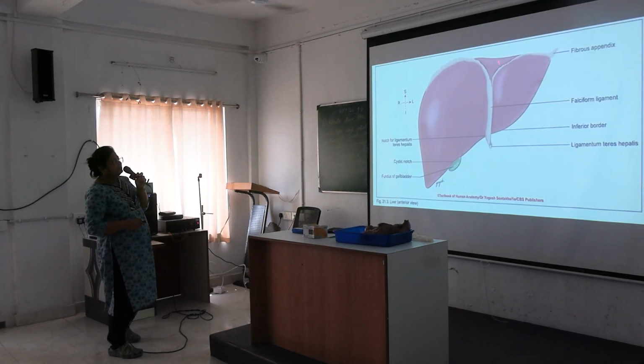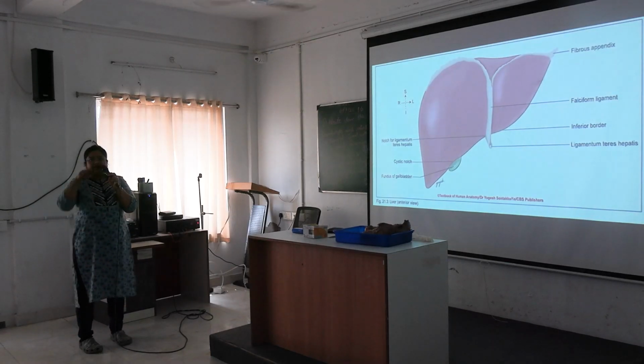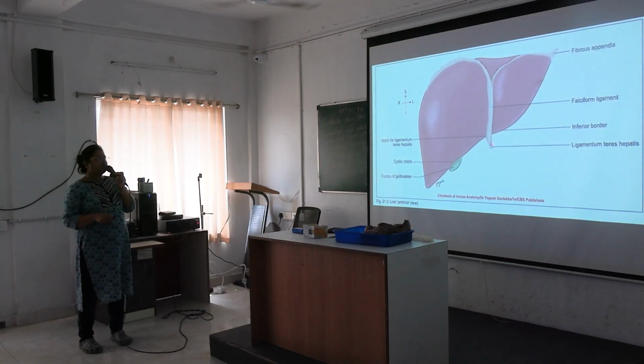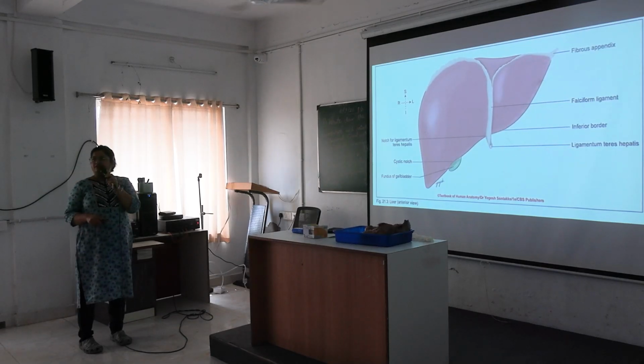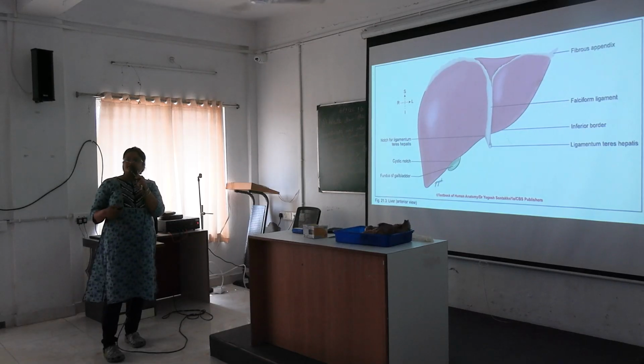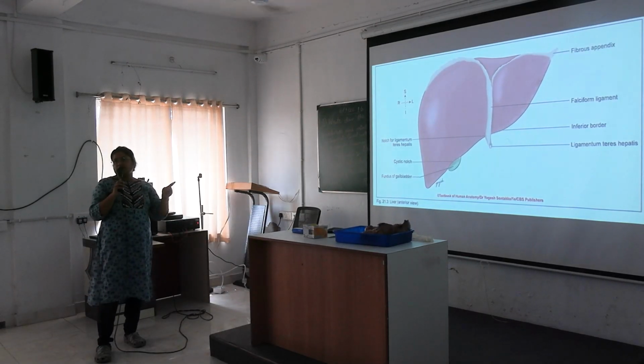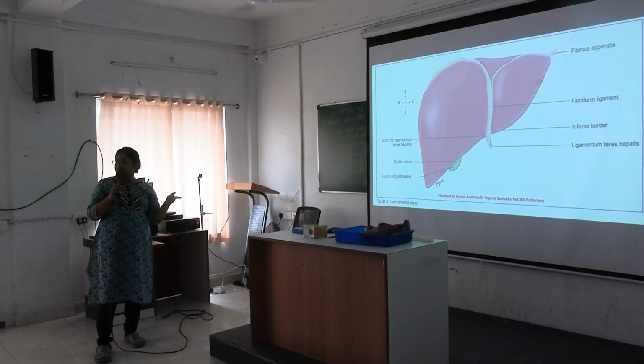See here, this is the attachment of the falciform ligament, okay, and at the lower margin of the falciform ligament, this structure is the ligamentum teres hepatis. This is the obliterated left umbilical vein. It is frequently asked how the ligamentum teres hepatis is formed.